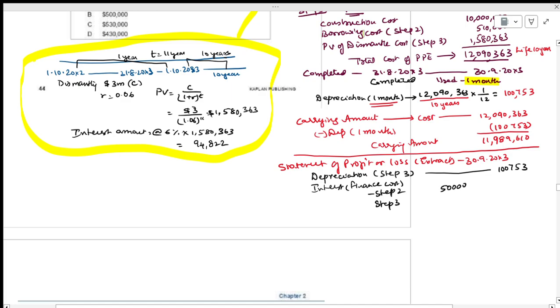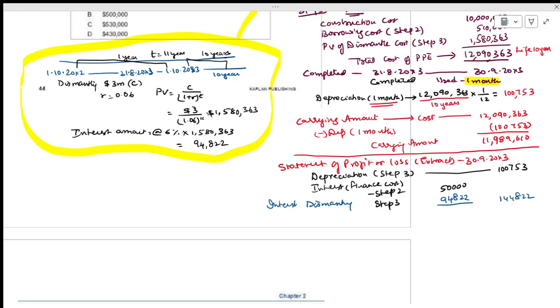Step 3, dismantling cost, interest on dismantling cost, 94,822. Total it comes to 144,822. Understand my point? Step 2 and step 3.